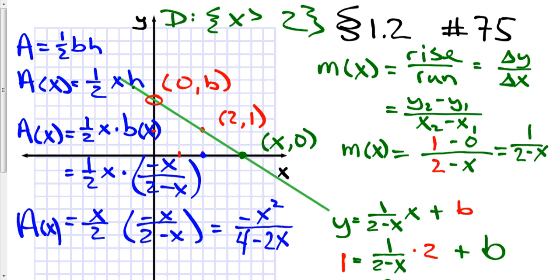Now, why do I love these problems? Does this have geometry in it? Does this have lines in it? We've done lines, right? Does this have fractions in it? We've done fractions, right? Look at how everything ties together.